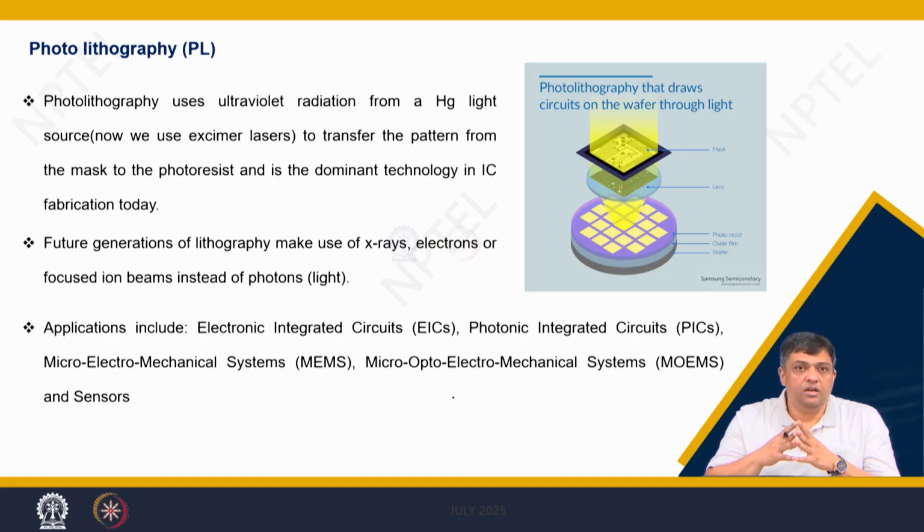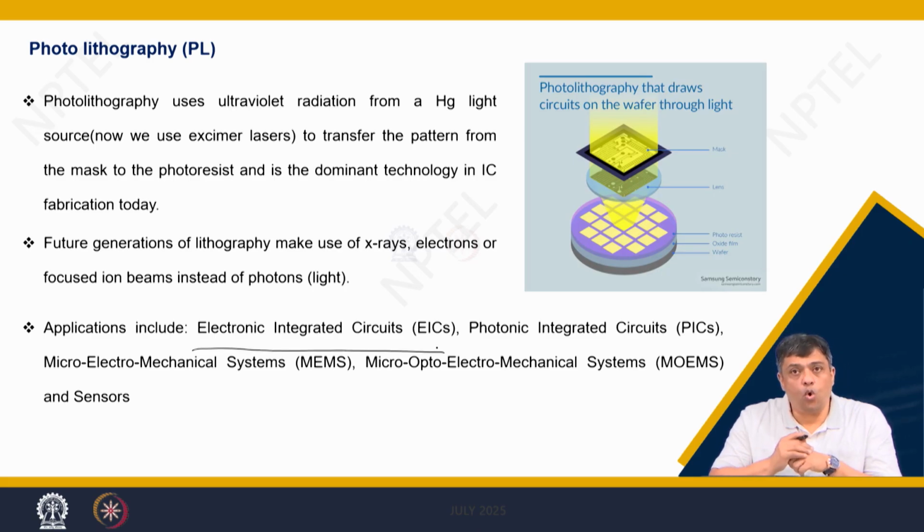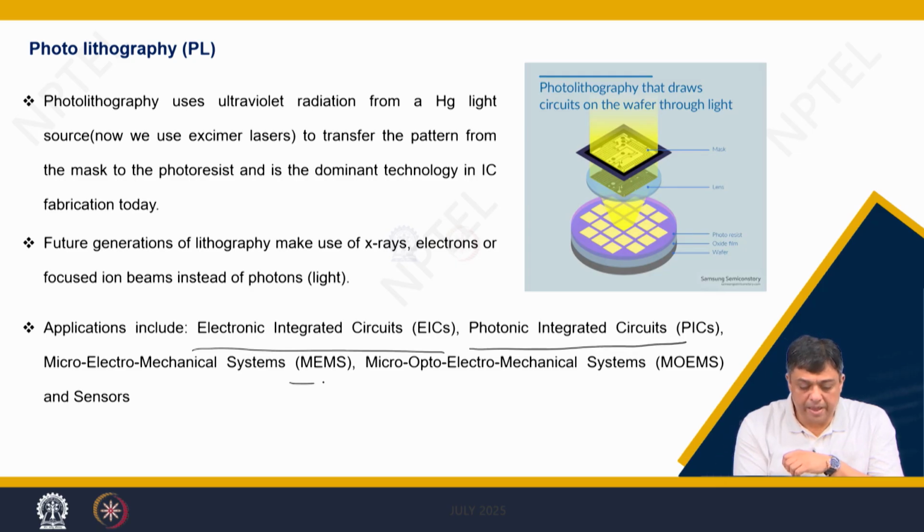So, you can have such techniques which can be used to obtain EICs or photonic integrated circuits. You can have MEMS or micro opto electro mechanical systems being made using these techniques.